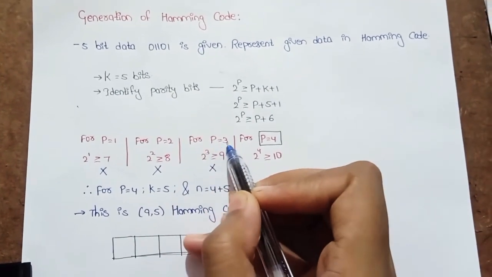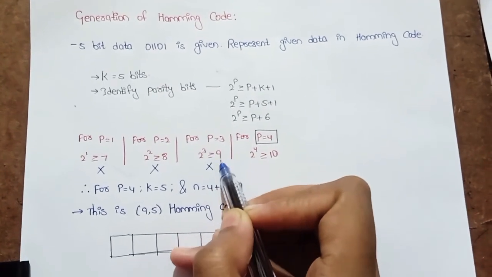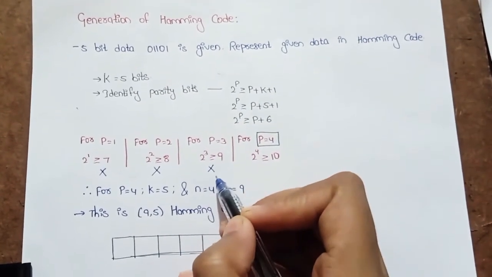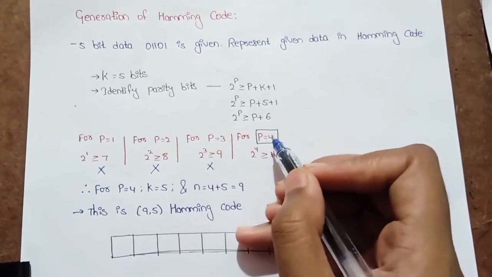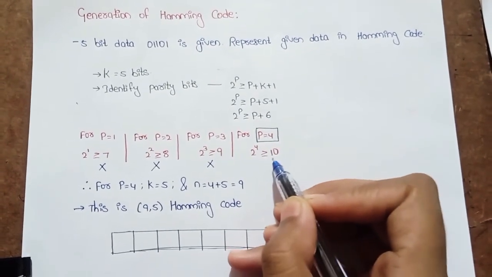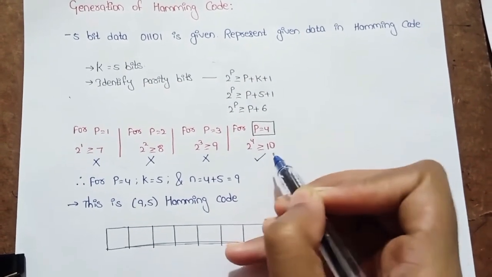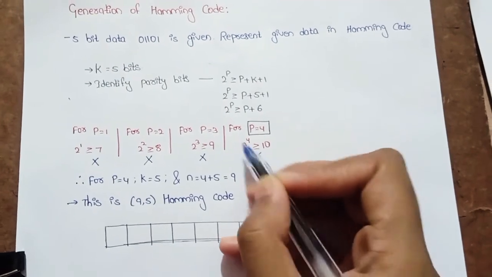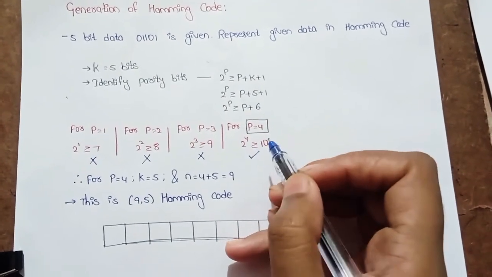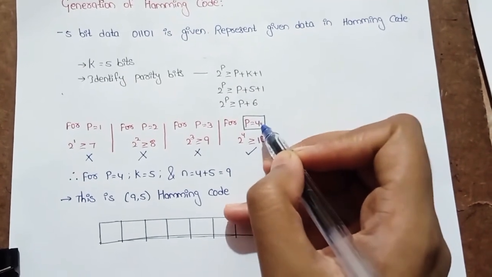For p equals to 3, 2 power 3 greater than or equals to 9, it is also not satisfying the condition. For p equals to 4, 2 power 4 greater than or equals to 10. That means it is satisfying the condition. We can take this condition. So, for this question, p equals to 4.